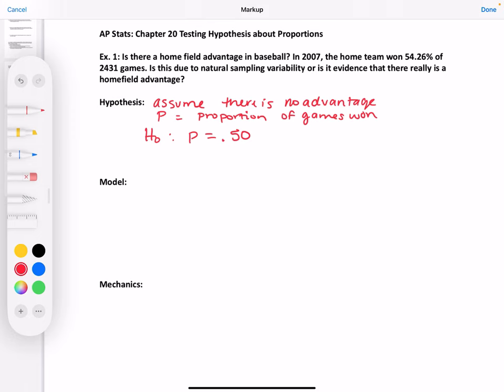So we're assuming that there's no advantage. The alternate hypothesis is that P is greater than 0.5, which would indicate the home team wins more often, which would mean a home field advantage.